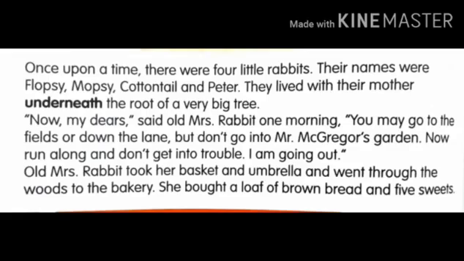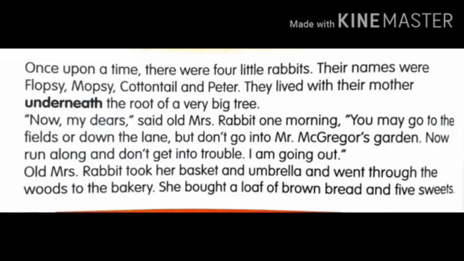So what are their names? They are Flopsy, Mopsy, Cottontail and Peter. "Now, my dears," said old Mrs. Rabbit one morning, "you may go to the fields or down the lane, but don't go into Mr. McGregor's garden."